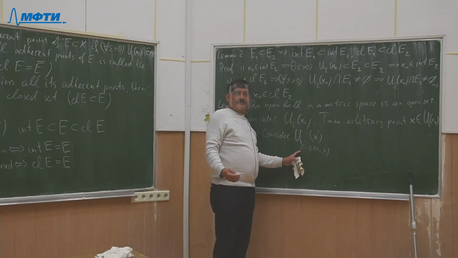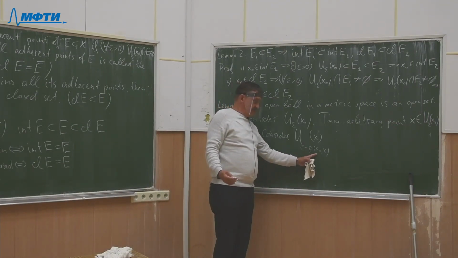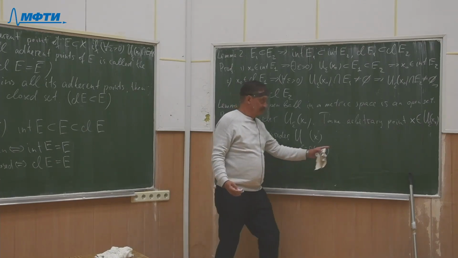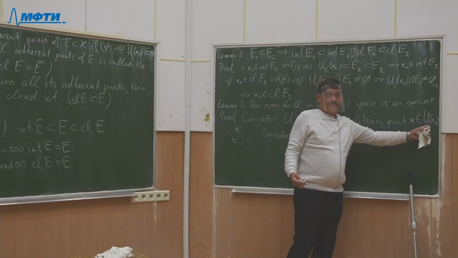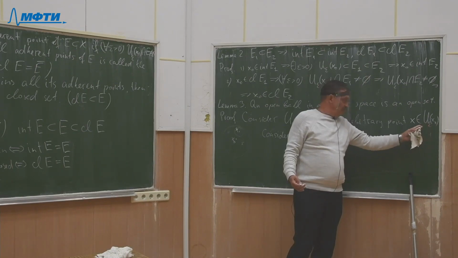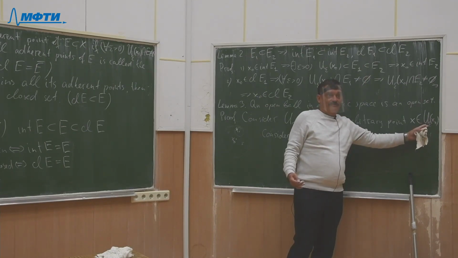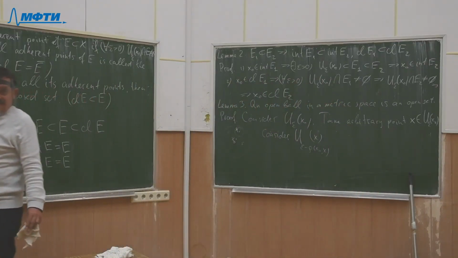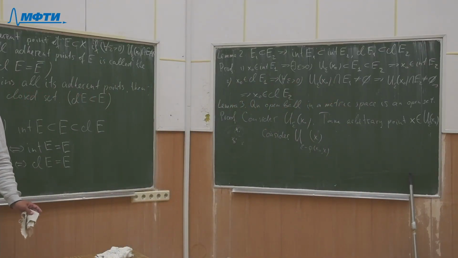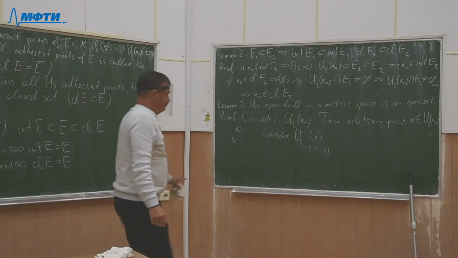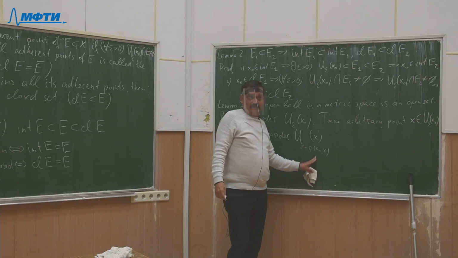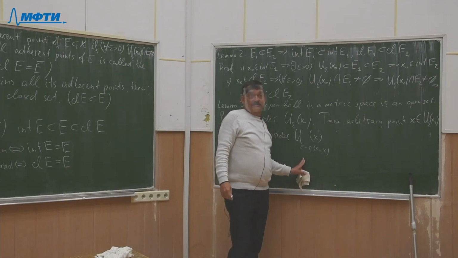Why can I consider it? Because as we know, this distance for sure is less than epsilon, because x is in this ball. By definition, what is this ball? The only definition: the distance is less than epsilon. So this number is positive, and we can consider such an open ball.